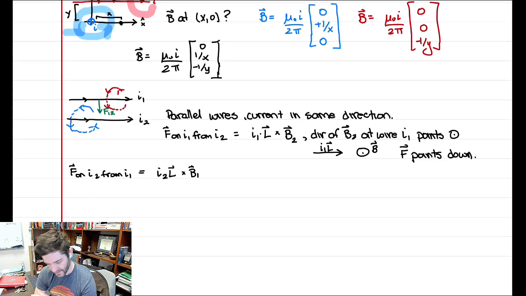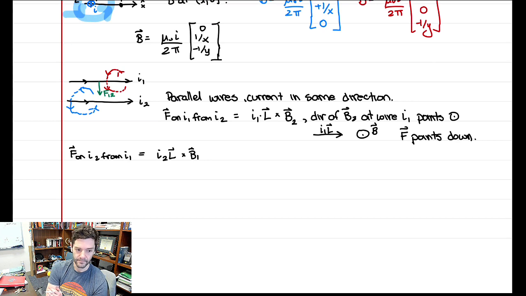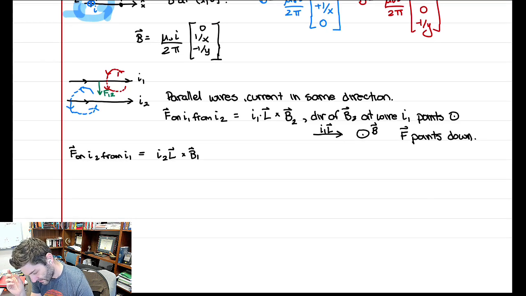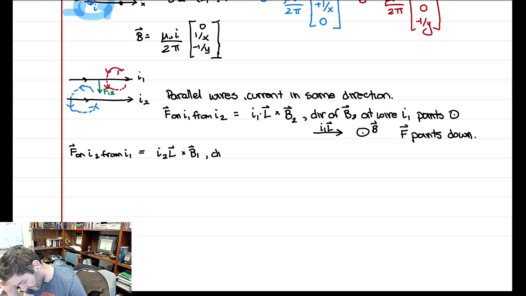Now what about the opposite wire? If you're thinking Newton's third law and it should point up, extra credit point for you. But let's figure this out using the magnetic force equation. So the direction of B1 at wire I2.